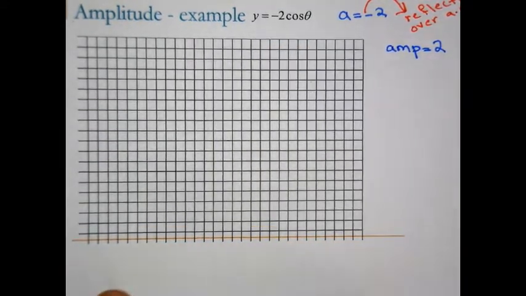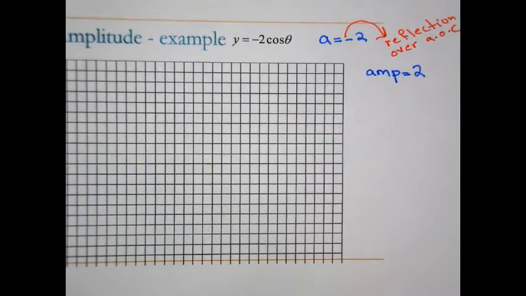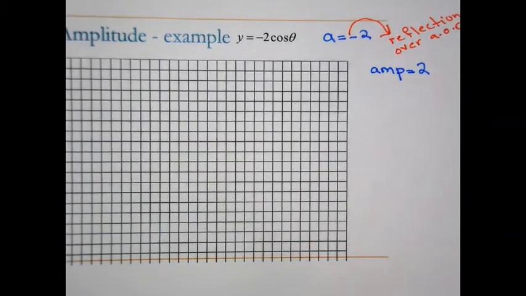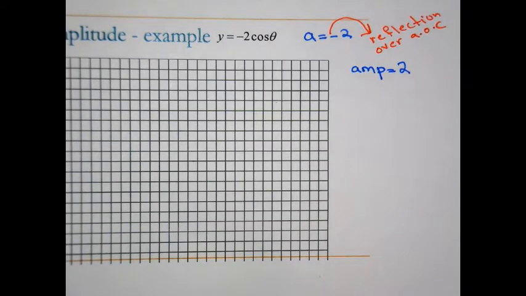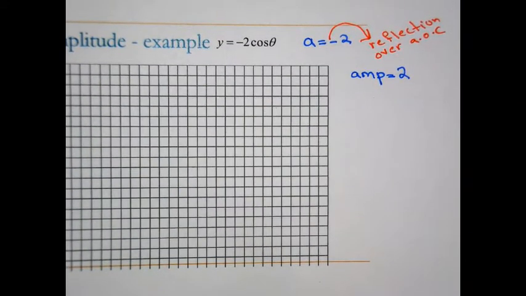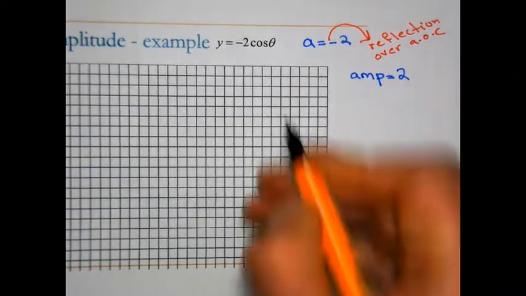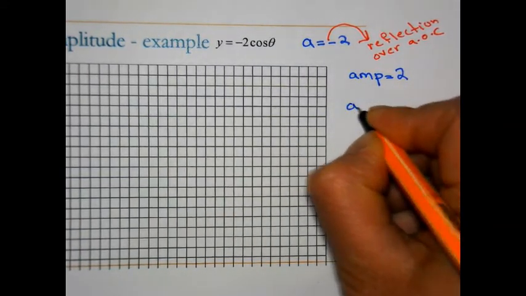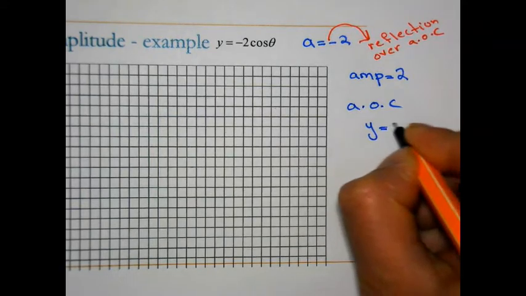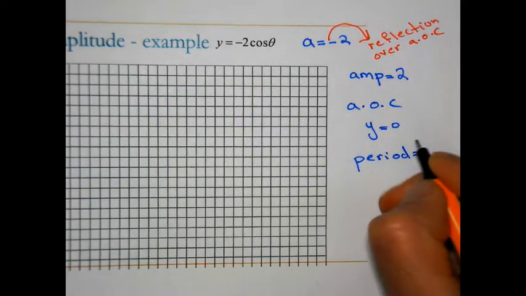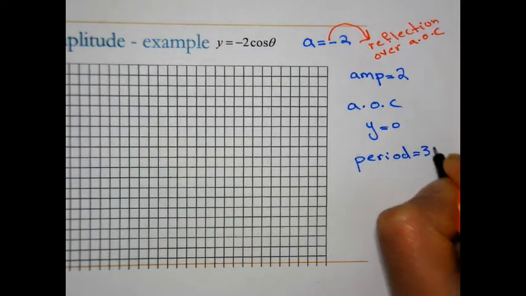So this negative here only means a reflection. Axis of curve is y equals 0, and the period is 360.